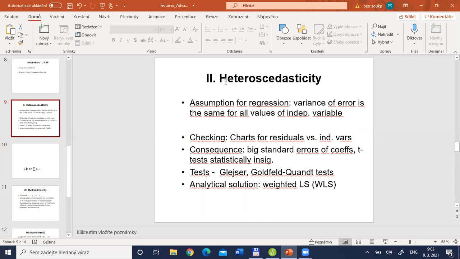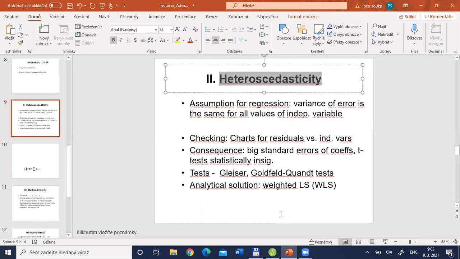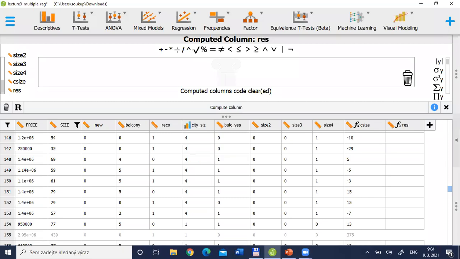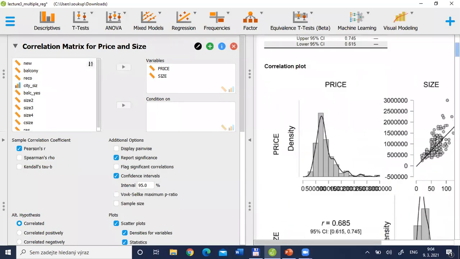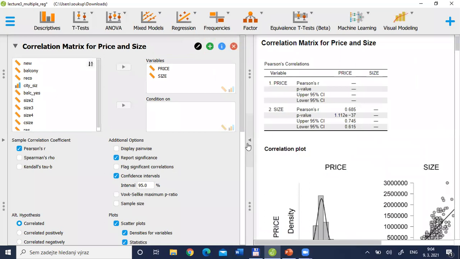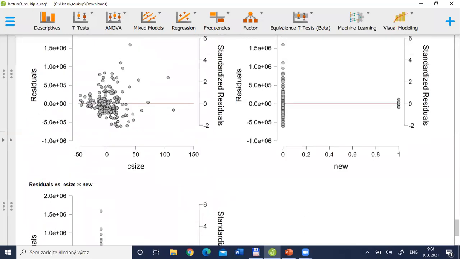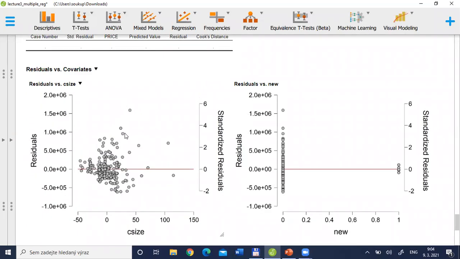If heteroskedasticity is present in your data, there is an analytical solution which is called weighted least squares. So it means that if you go back and find some special points that are influencing your results quite a lot, so with big residuals, for example, here on this picture, you would give these points with big residuals only a small weight, and points that are close to the line would have higher weights.